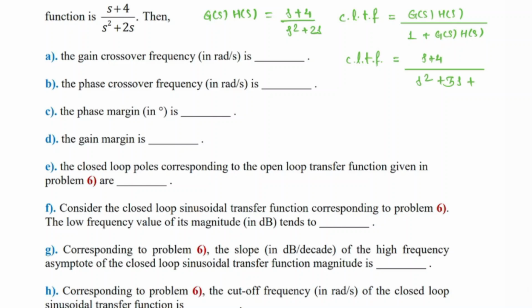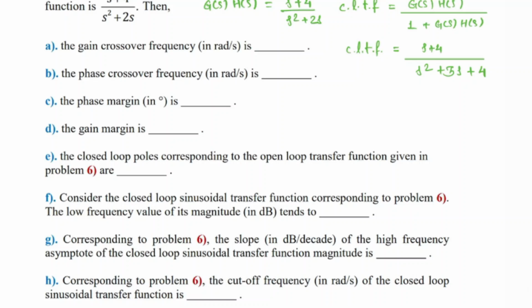So 3s plus 4 in the denominator. So we are asked various gain crossover frequency, phase crossover frequency, and so on. So let's write the closed loop transfer function and get started.